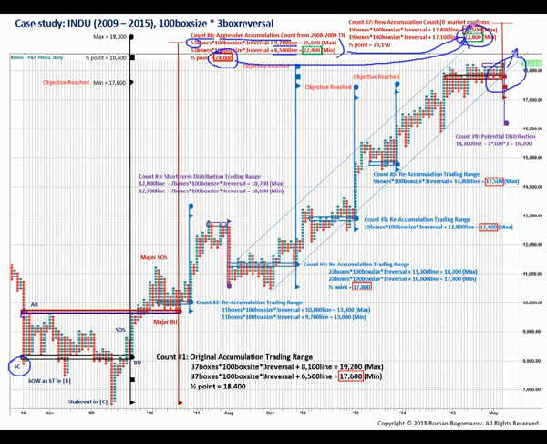And it's very nice how from the original trading range, we have the objective that is being confirmed now by this new stepping stone right here, again, if this is a reaccumulation.